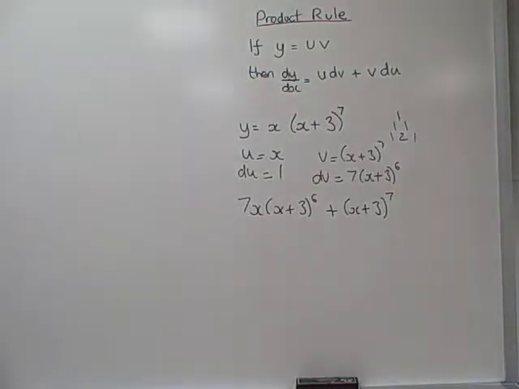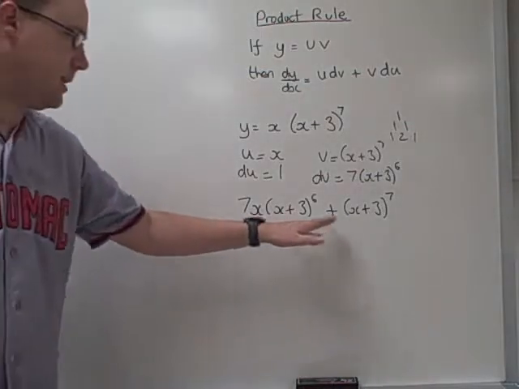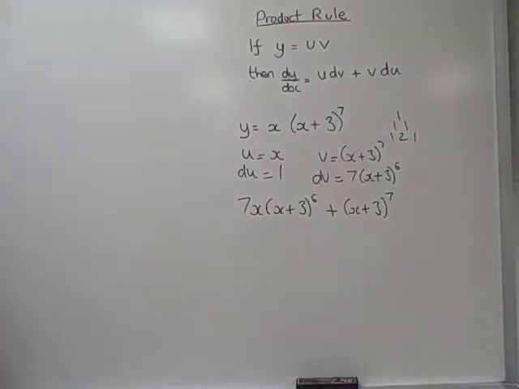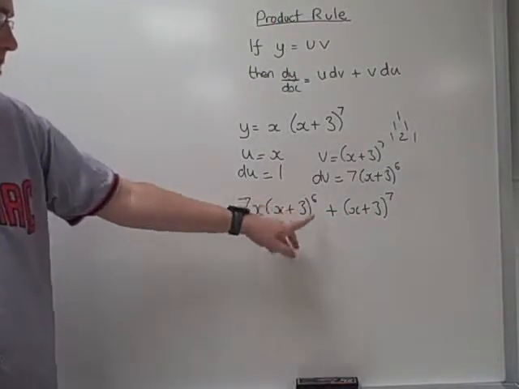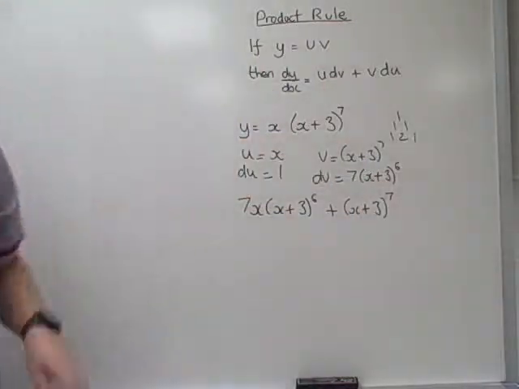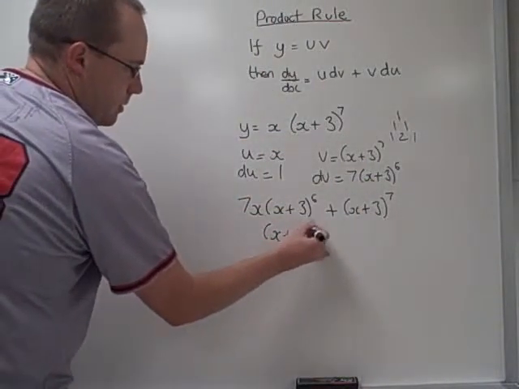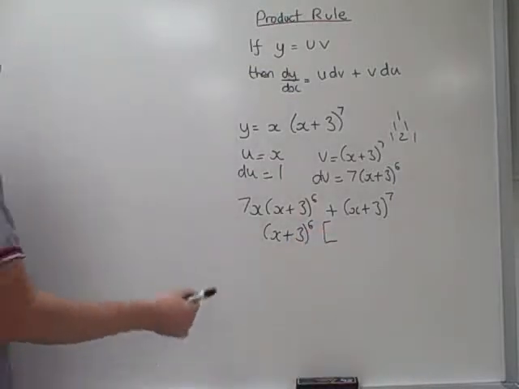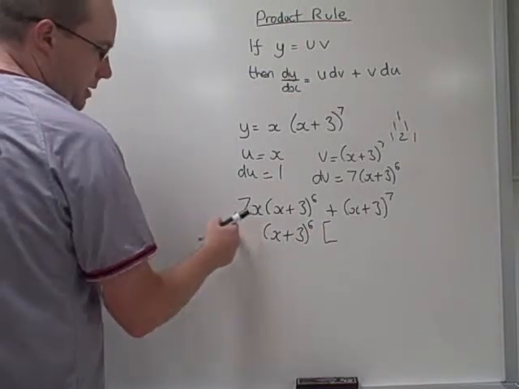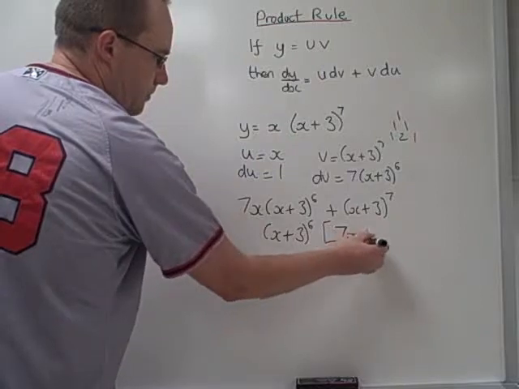Now we can also do some simplifying here as well. We can't quite add these together because they're not like terms, but we can certainly take out a common factor. Certainly there's x plus 3 here. We've got to the power of 6 and we have to the power of 7. So we're going to take out the lowest power, which is the power of 6, and then 7x times by this gives us this whole expression.